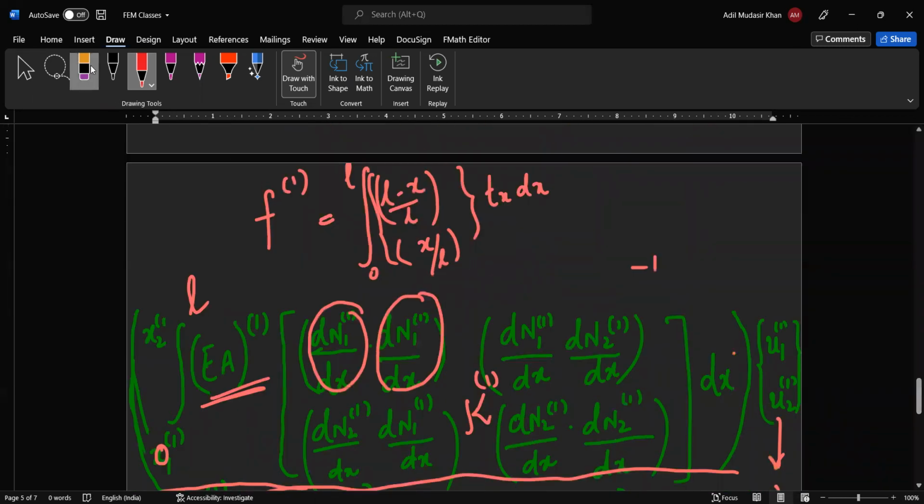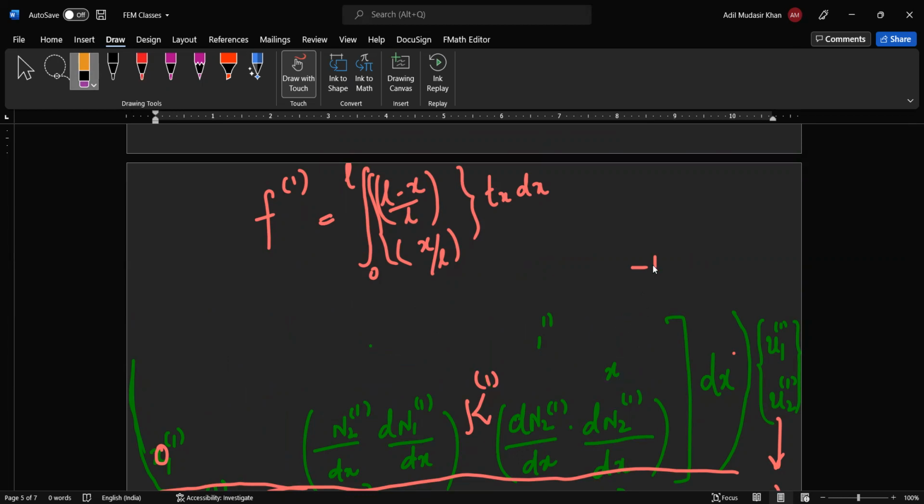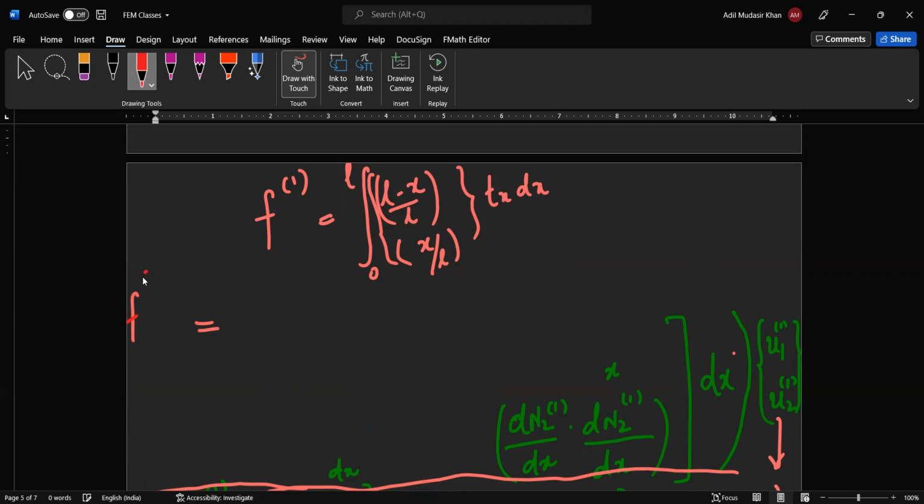Which therefore can be written as f1 for element 1.